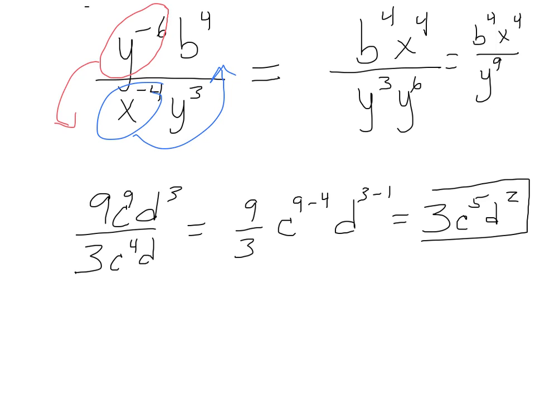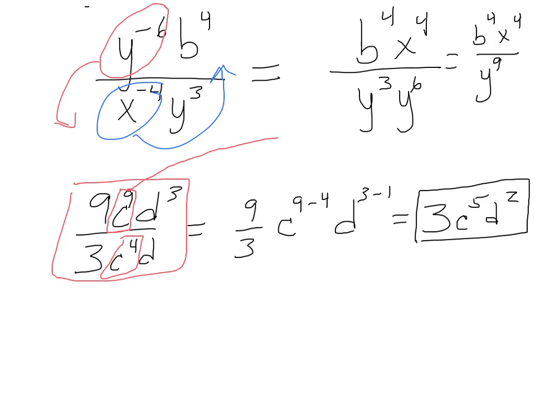So that's your result. Or you can think, going back to the beginning here, looking at this picture, you can just simplify the top with the bottom. You can realize that there's more c's on top because you have 9 of them, and you have 4 on the bottom, the difference of which is 5. And since there's more in the top, at the end you'll have 5 c's in the top.